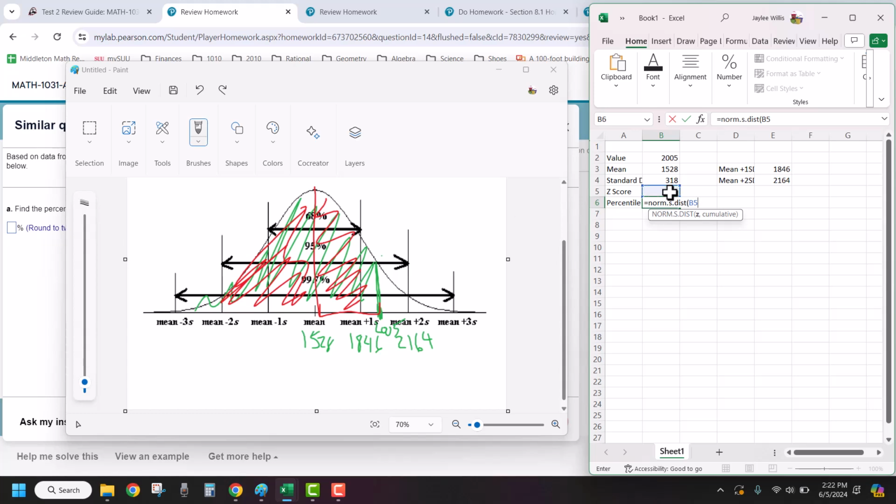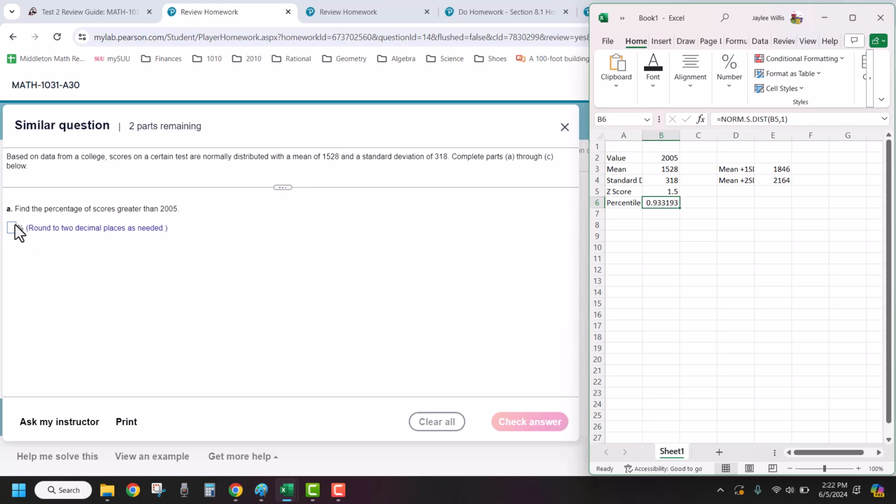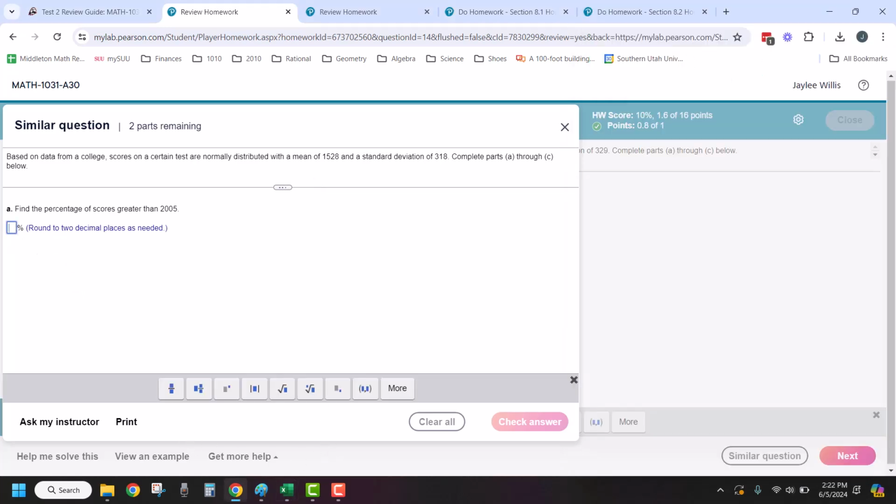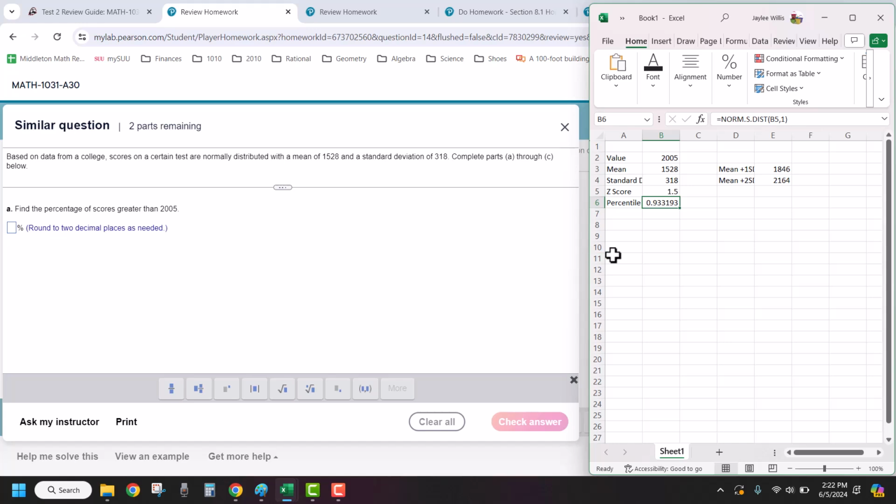And then after that, you type in a 1. I don't exactly know what the 1 means, but that's just part of the formula that is programmed into Excel. And what that tells us is that the amount of the histogram that is less than this value is 93%. And so that's what I would put into this box here.